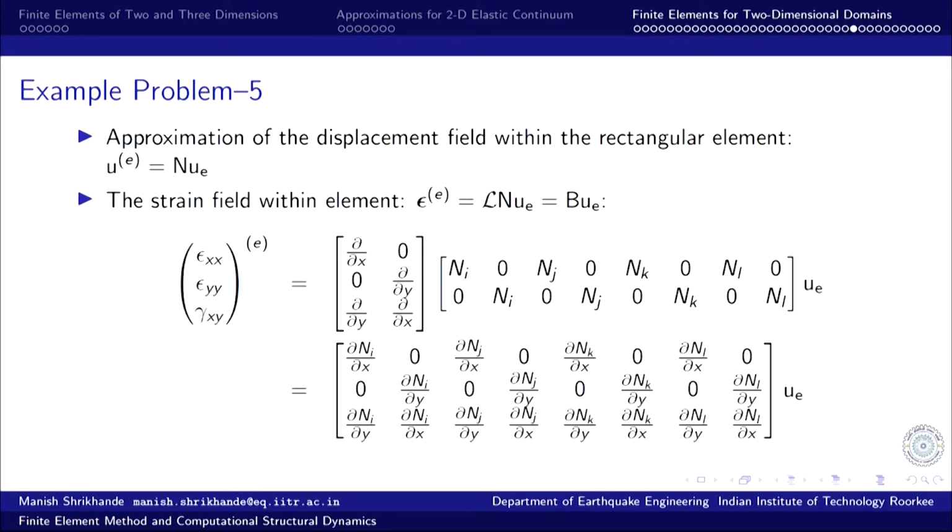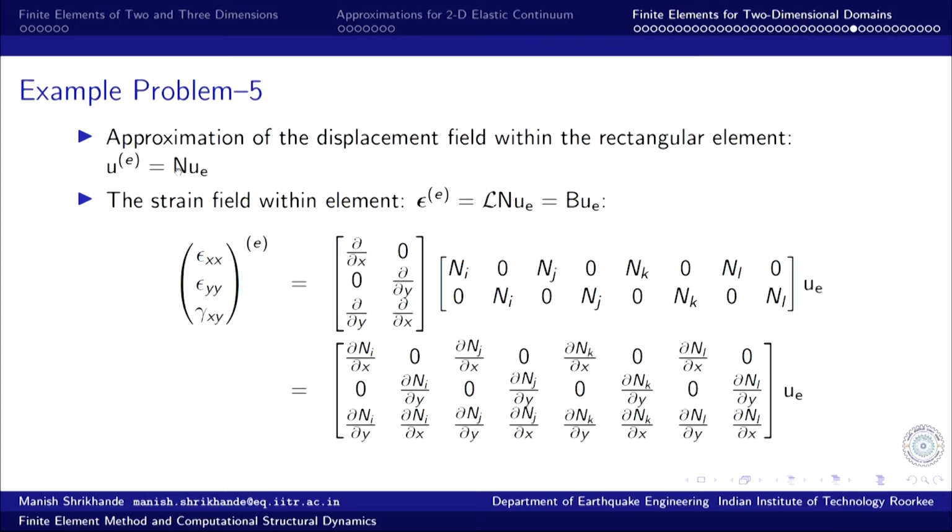This is the approximation within the element of any rectangular element, or for that matter even for a triangular element. The only difference is the number of nodal variables and the size of this matrix. Other than that, there is no difference between this representation of the displacement field.